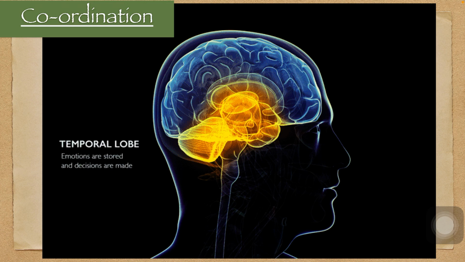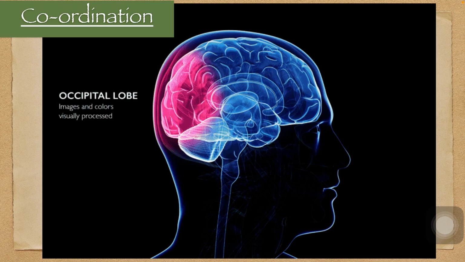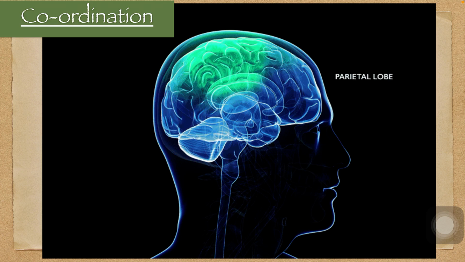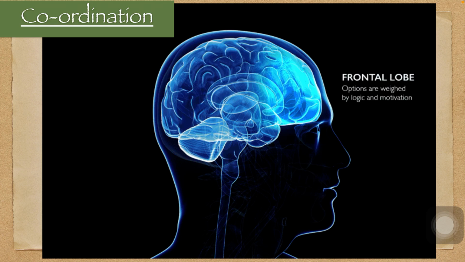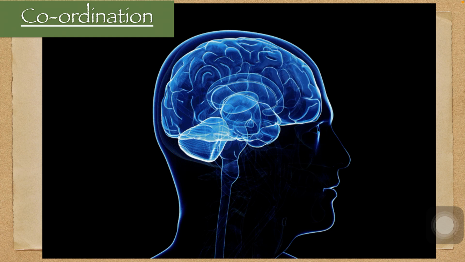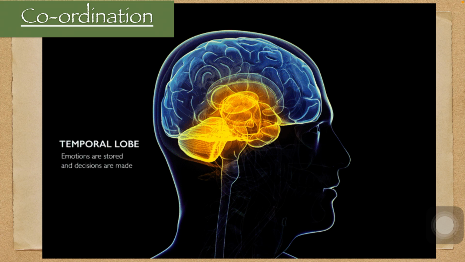Students, now let us see what the word coordination means. In simple words, coordination means the process of organizing people or groups so that they work together properly and well.